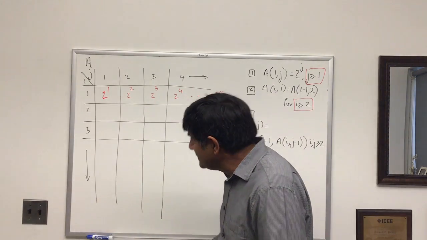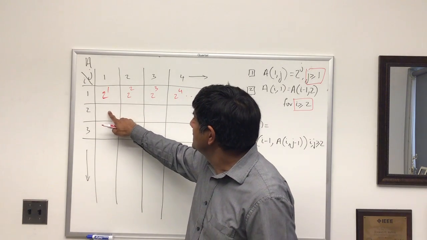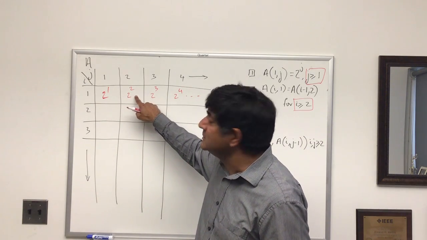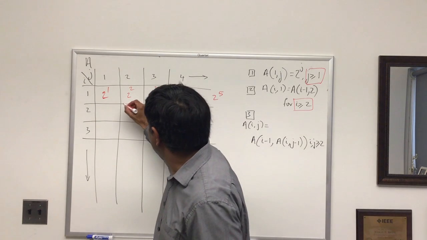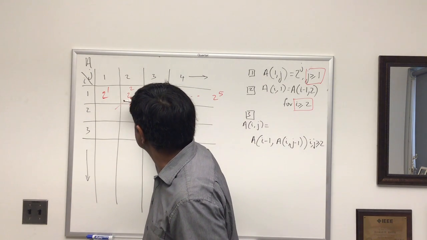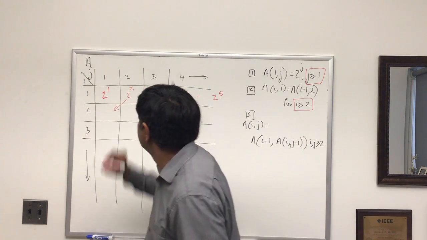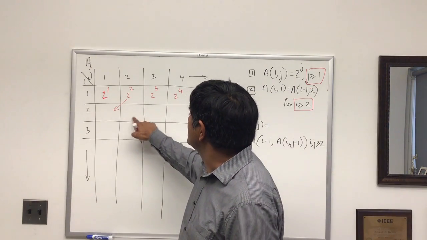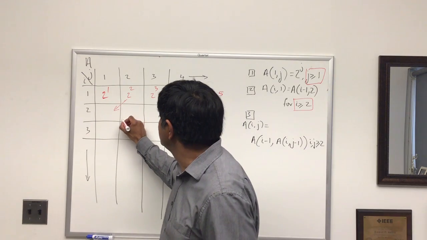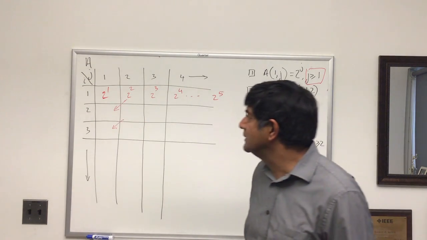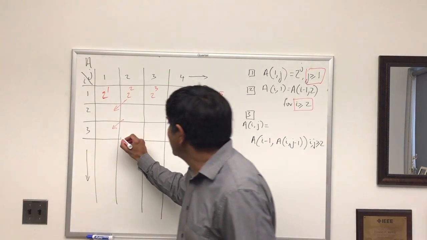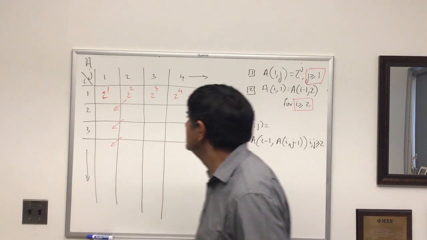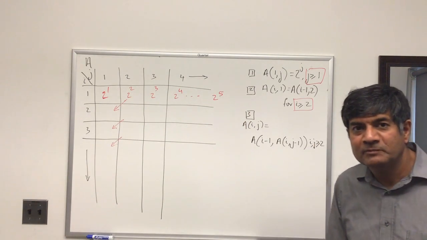So the value over here is actually equal to whatever is over here. So I basically get to copy this like that. Okay. And the same thing would be true here. So if I knew what I had here, I would simply copy it to give me A31, and that's the pattern we will be working with.